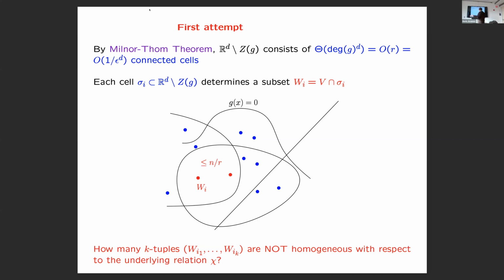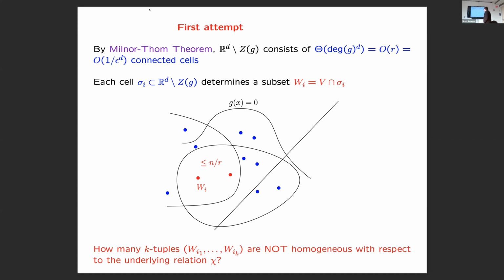So how do we analyze the number of k-tuples of subsets that are possibly not homogeneous with respect to some semi-algebraic relation, which, by the way, we haven't used in any way so far? We just took a polynomial partition and that's it.